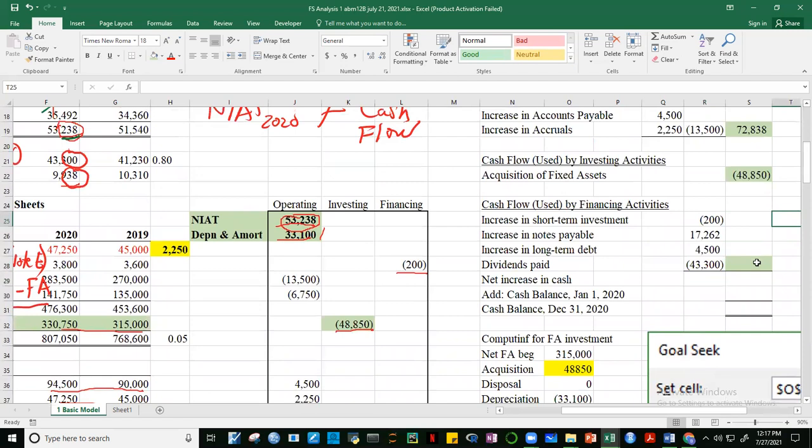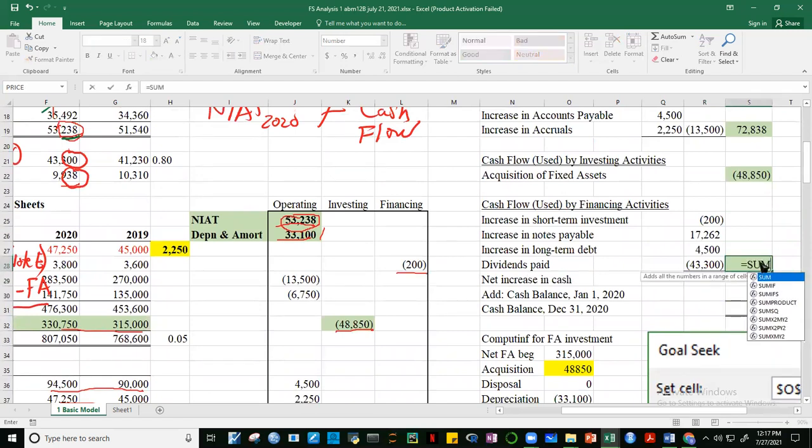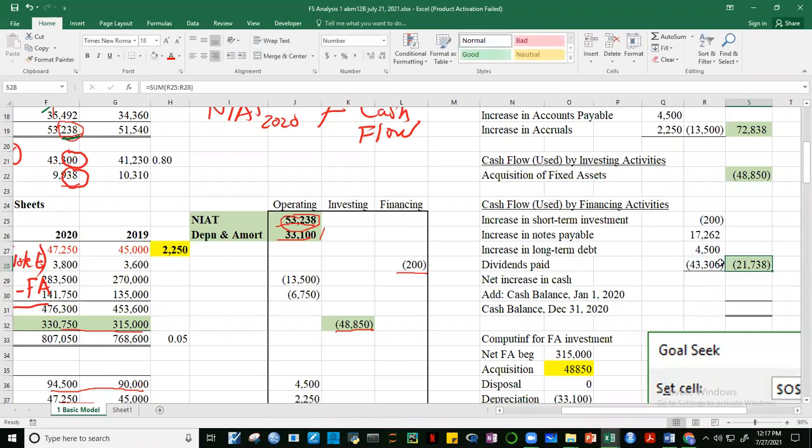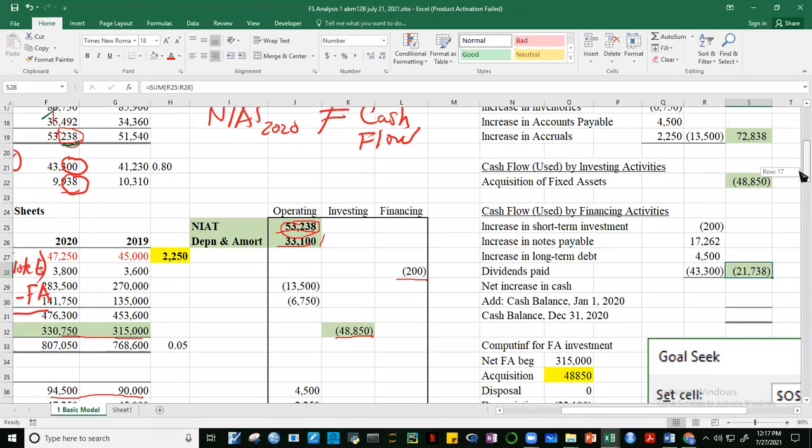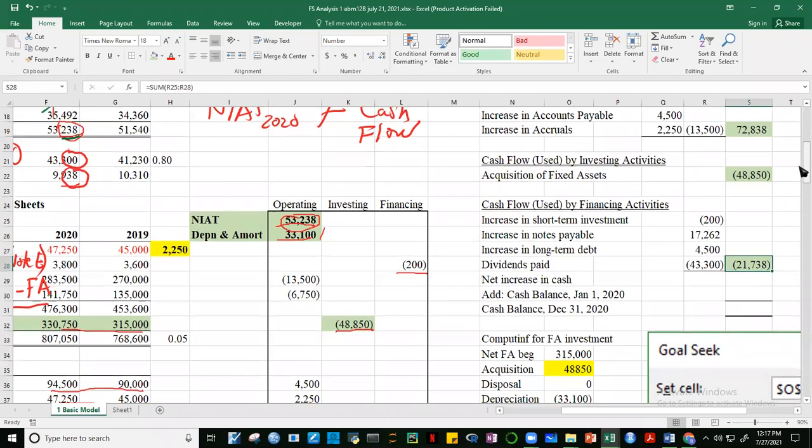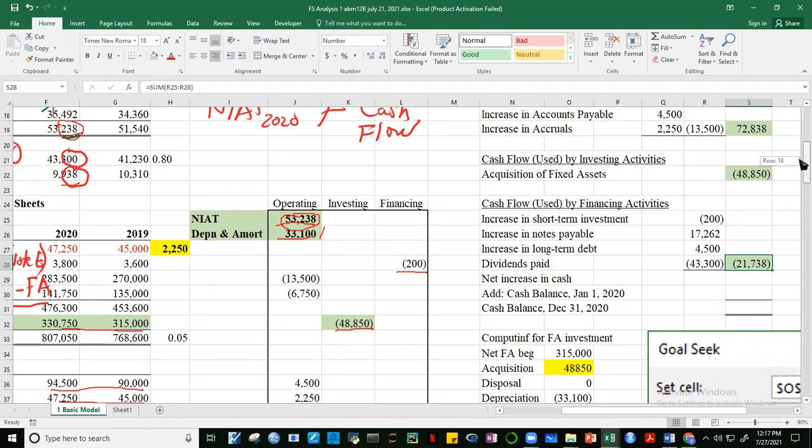So we now add up our financing activities. We should get the same kasi dun lang naman yan. So we have now transferred all our individual operating, investing, and financing. Any questions so far, guys?